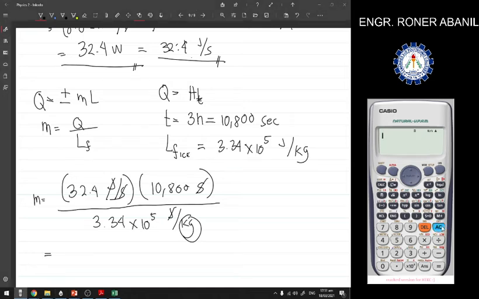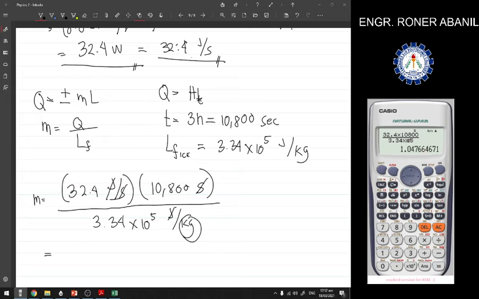So, calculator na lang yan. 32.4 times 10,800 over 3.34 times 10 raised to 5.